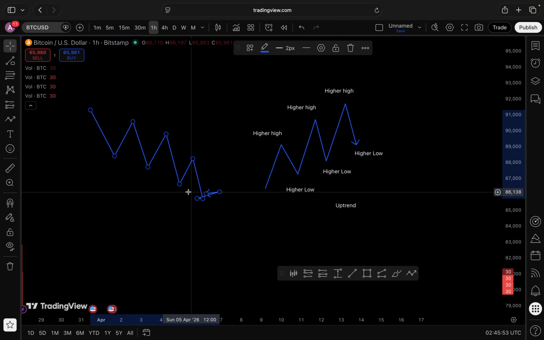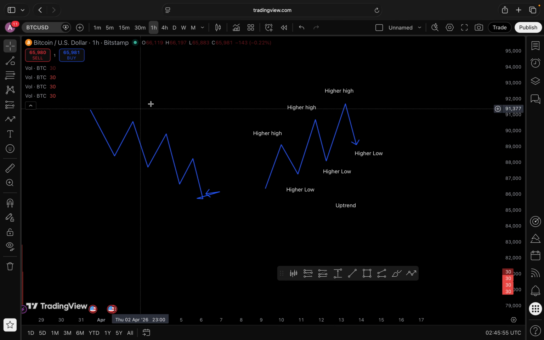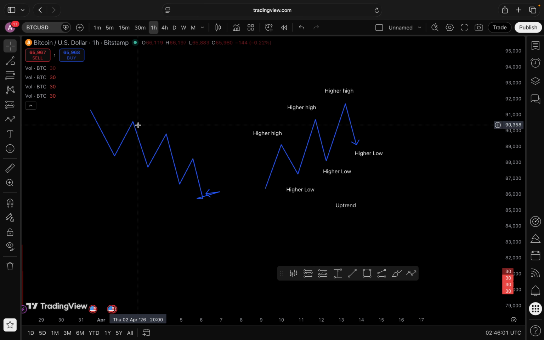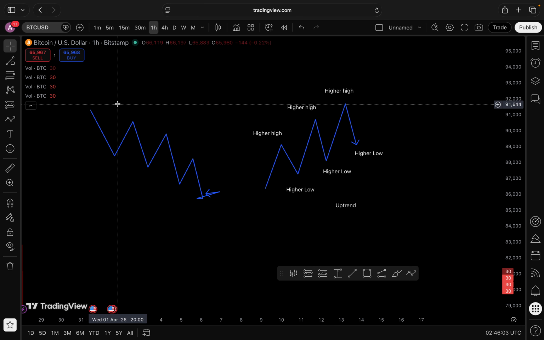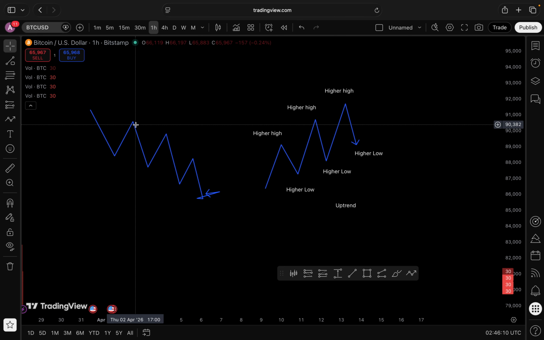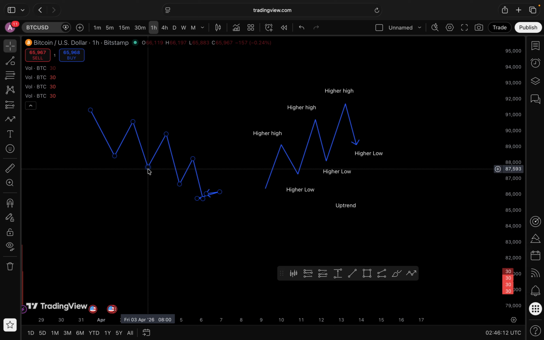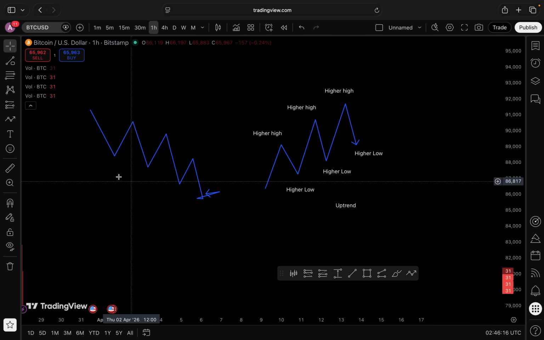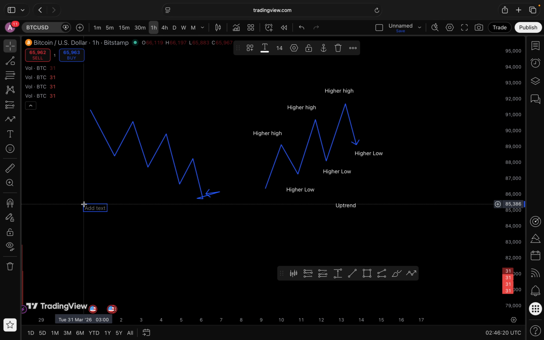The reason this is a lower low is because it's lower than the previous low. This is a lower high because it's lower than the previous high, but it's still the high. And this is a lower low because it's lower than the previous low. This is called a downtrend.